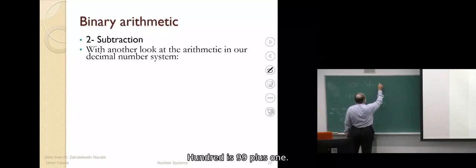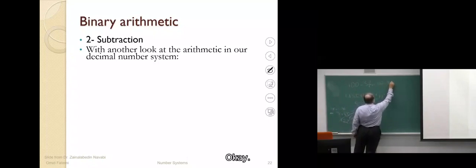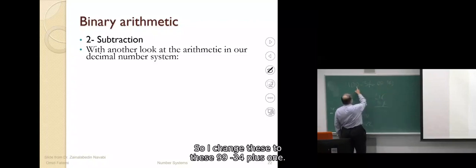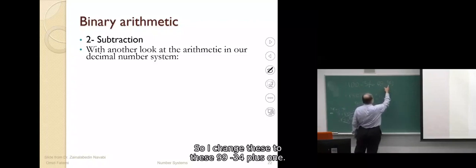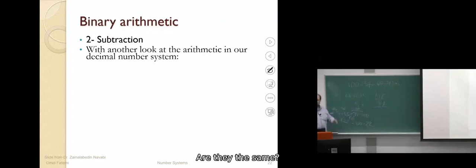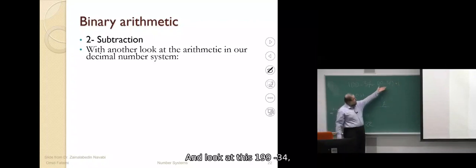100 is 99 plus 1. Okay? So I change this to this: 99 minus 34 plus 1. Are they the same? 100 is 99 plus 1. And look at this one. 99 minus 34.